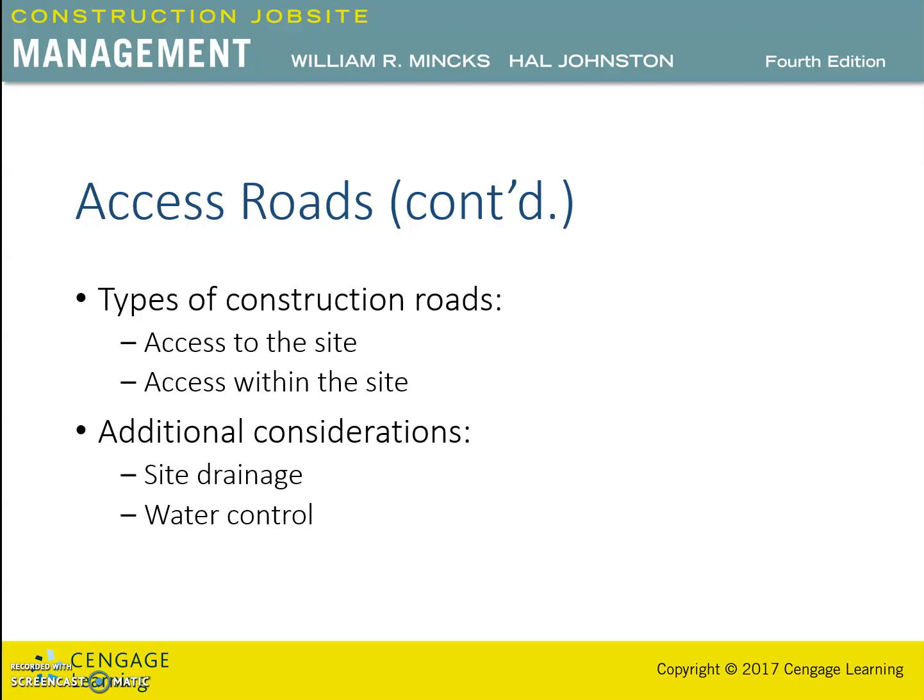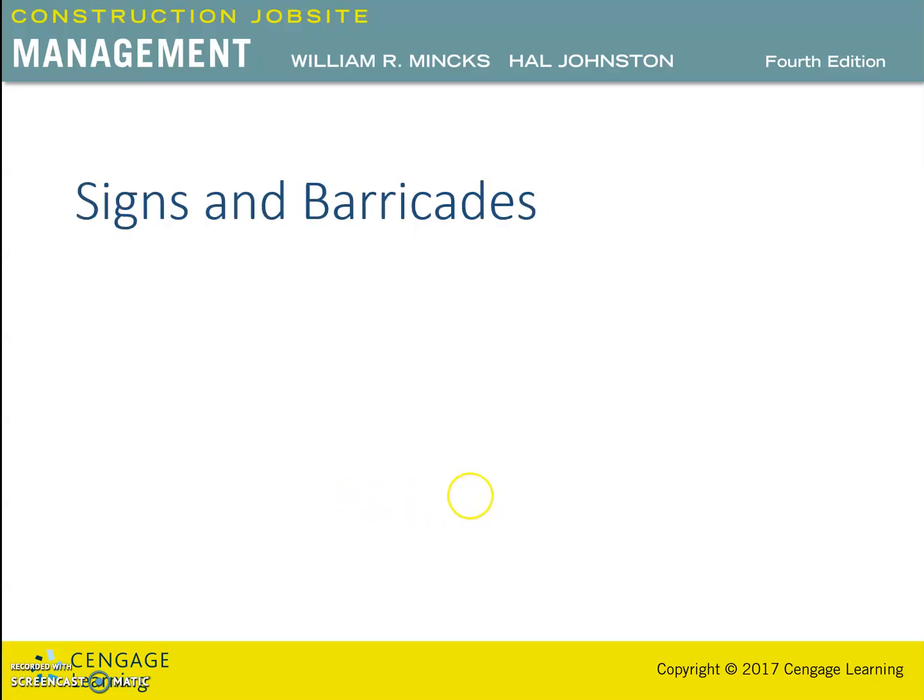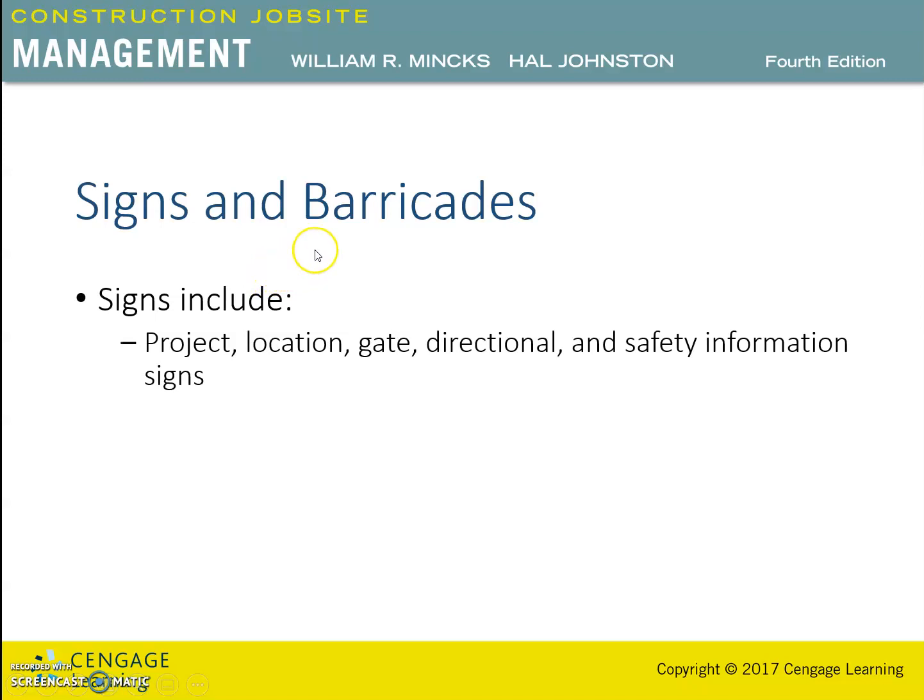The next discussion is about the signs and barricades. Signs and barricades are part of the entire job site layout plan. They are part of the safety plan of a job site, but also can identify correct routes to and within the area.